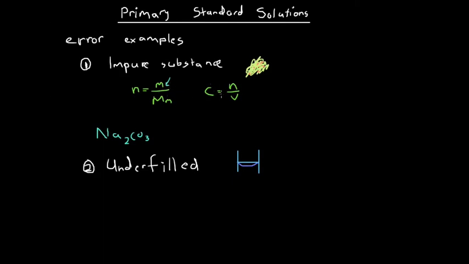Now if this substance is impure, we've put in 10 grams, but we actually only have 9 grams because there's another whole gram of impurities in here.